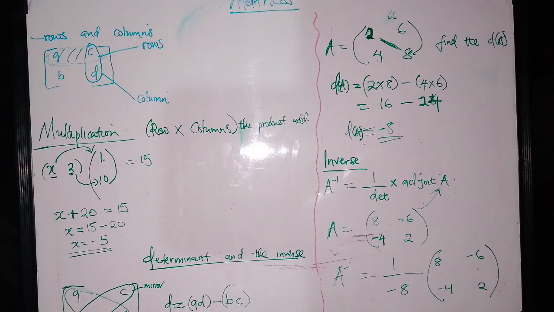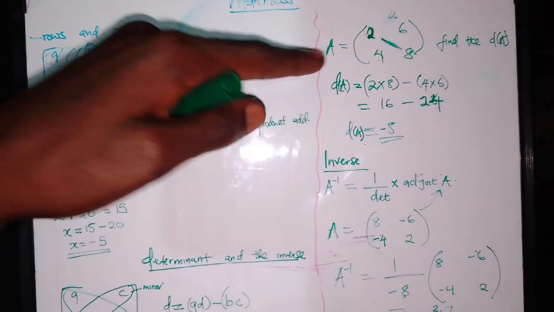Our inverse therefore is negative 8 into 8, we have 1. Negative 6 divided by 8, we have 3 over 4. Then 2 over 8, we have 1 over negative 8. Then here we have half. So this is the inverse of this matrix.